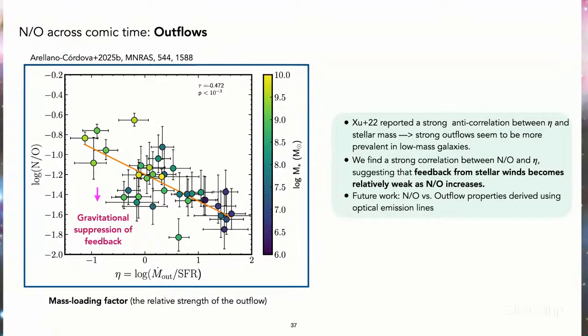But you don't see an increase of nitrogen relative to oxygen, so a differential wind or differential. Yeah, the thing is that this is high nitrogen for the metallicity of the galaxy. So this is about the metal maybe. But the lowest mass systems here are not enhanced in nitrogen, right?